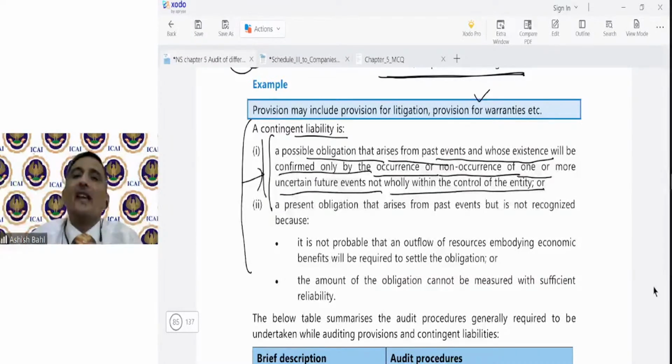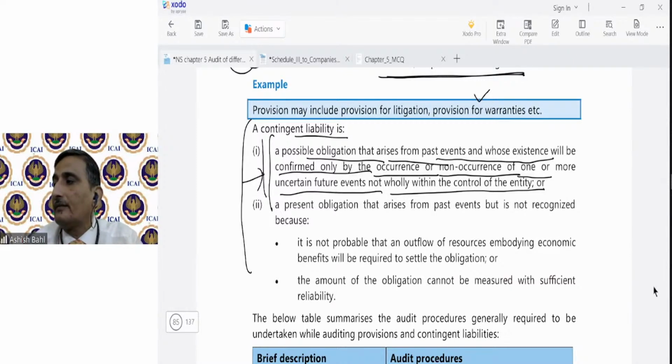So there is a present obligation which has occurred from some past events, but whether there would be a final obligation or not, it is dependent upon certain contingent uncertain events which are not in the control of the entity.